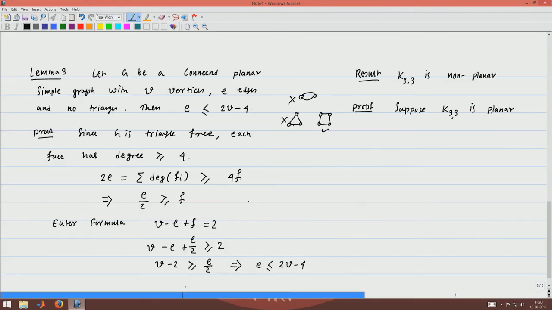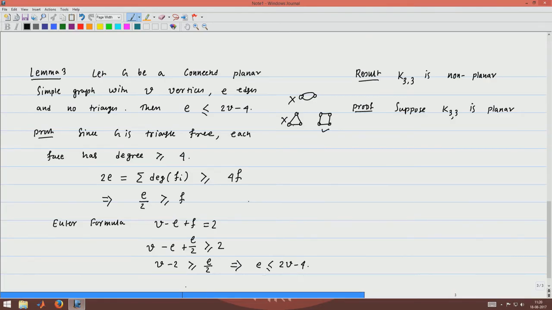If K33 is planar, then K33 is triangle free because it is a bipartite graph. So, we can apply this lemma 2 now, and it is a simple connected graph. Suppose K33 is planar, then lemma 3 says that this should be true.